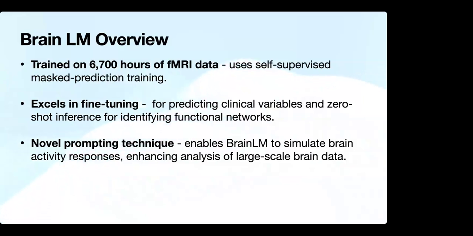They also added this prediction of clinical variables and zero-shot inference for identifying functional networks. And they introduced a novel prompting technique that enables BrainLM to simulate brain activity responses. They slightly modify the input to the model and analyze the model's response to this disturbance.